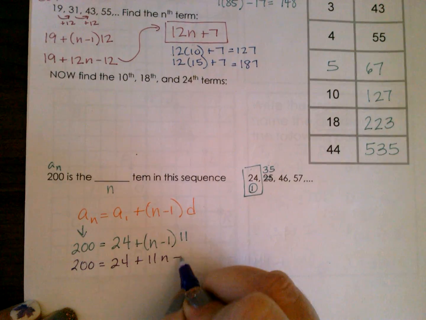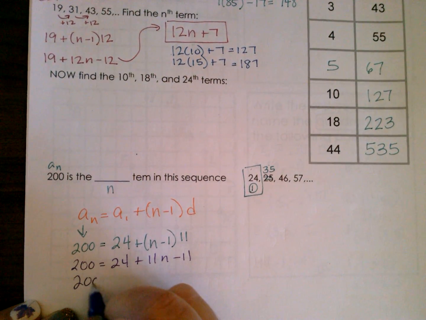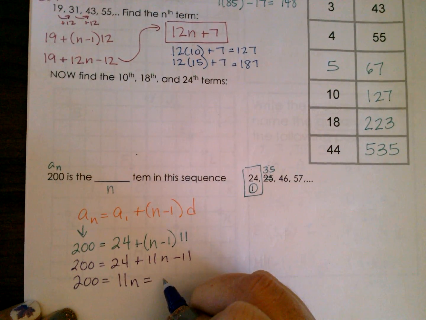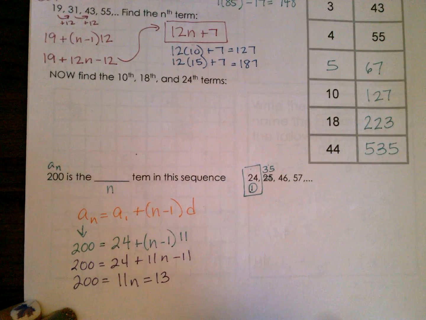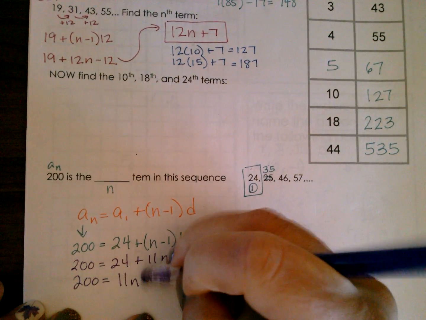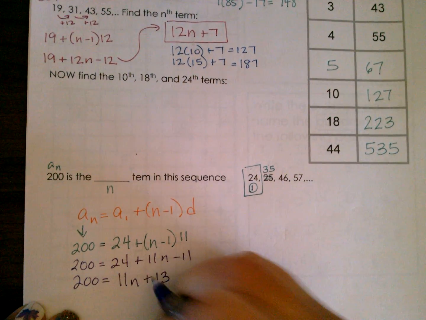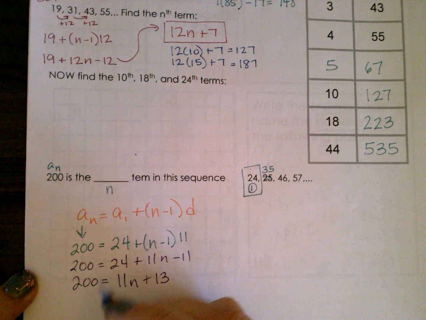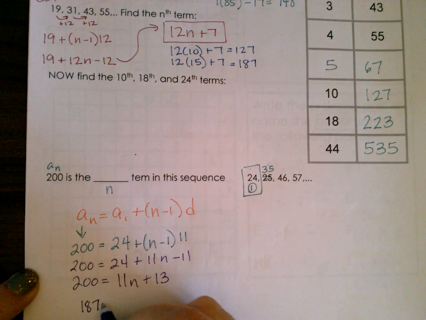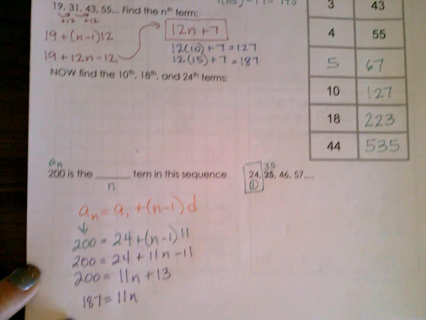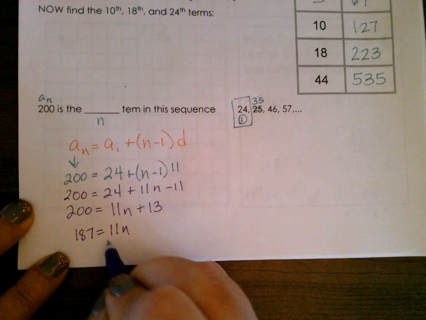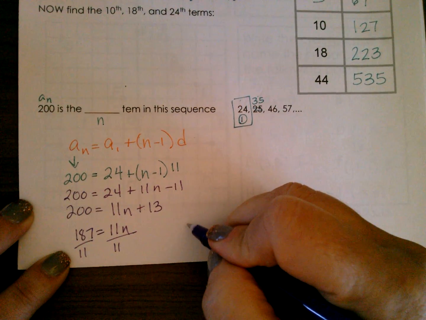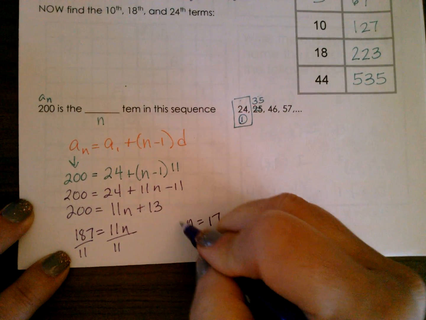Oh, plus 13, used to having the equal sign over there. I will subtract 13 from both sides and get 187. Divide by 11 and equals 17. So if we continued this pattern, the 17th number would be 200.